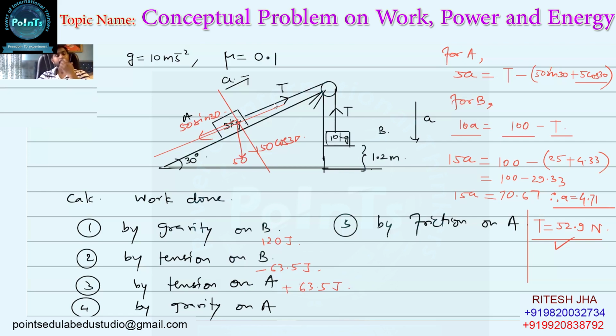So then that's going to be 50 sine 30, which is 50 times 1/2 times 1.2, which is 25 times 1.2, which is 30.